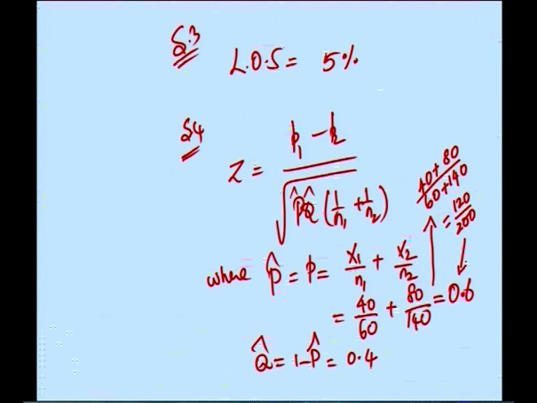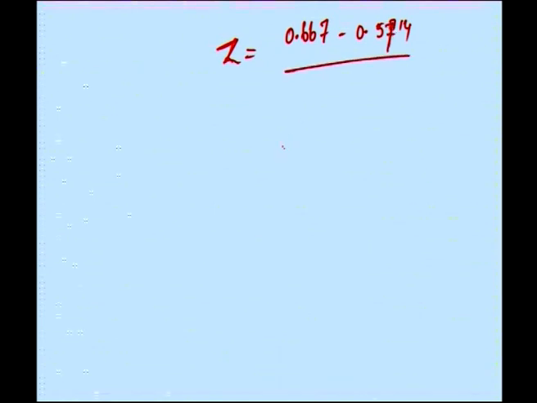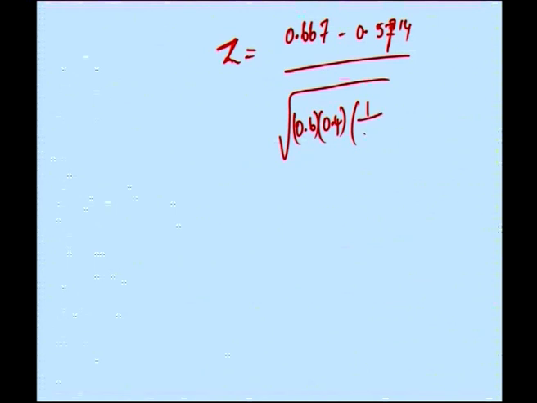So, substitute all the values in the Z formula. Z is equal to P1 minus P2. What is P1? 0.667 minus 0.5714 by root of 0.6 into 0.4 into 1 by N1, which is 60, plus 1 by N2, which is 140.